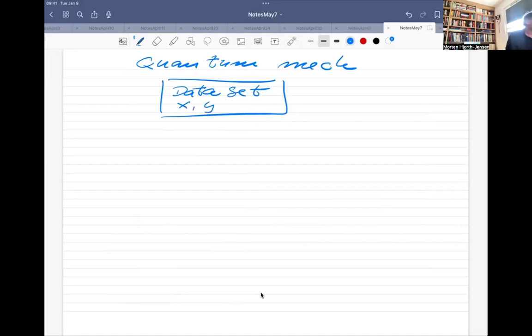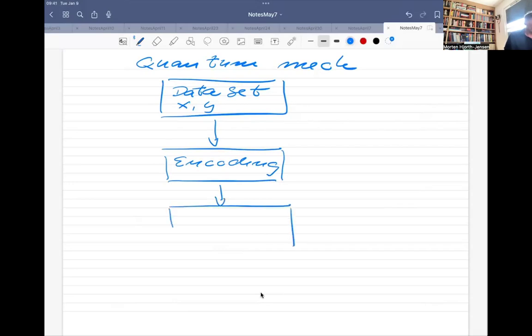Now, this is transferred. When we look at the quantum mechanical part, there needs to be an encoding part. This is where we need to transform the classical data into a quantum mechanical representation. There are several ways by which we can do that, and we will be discussing that pretty soon. Then what we will have next is what we call a quantum mechanical algorithm, and we're going to use the acronym QML.